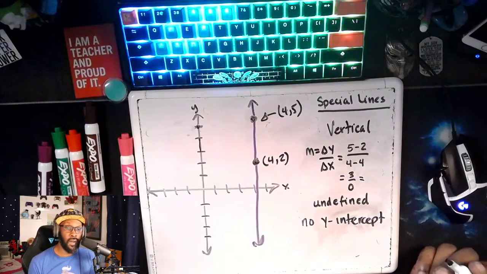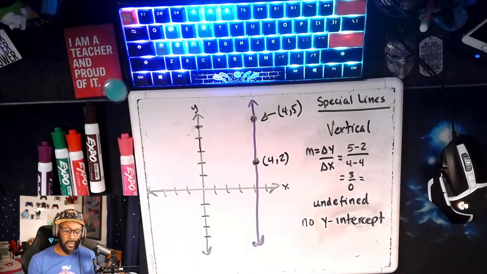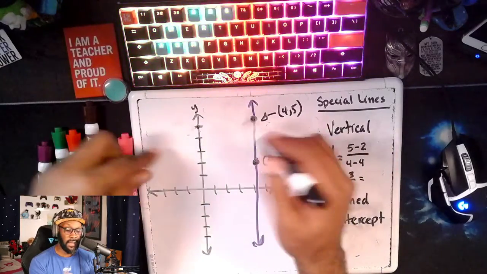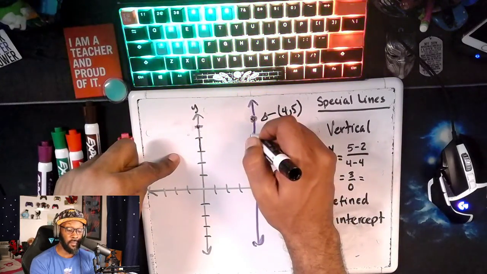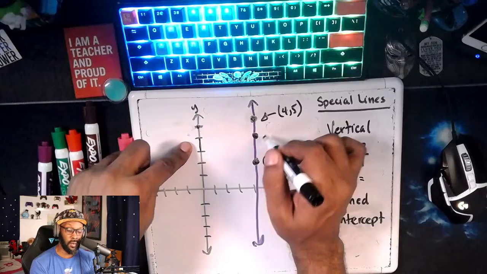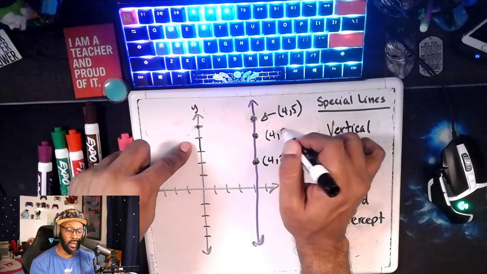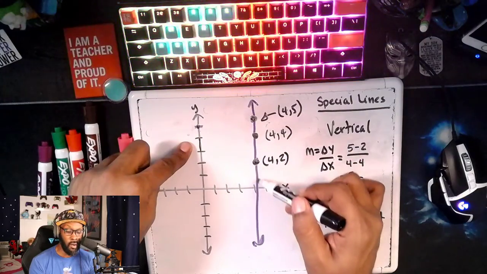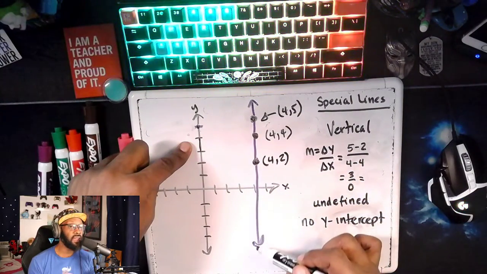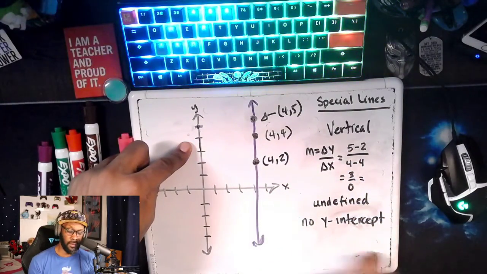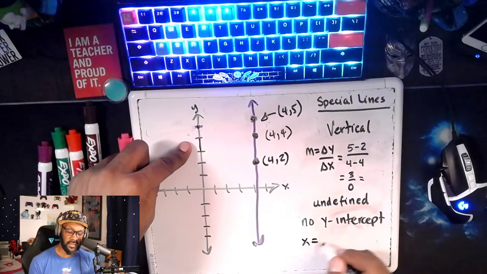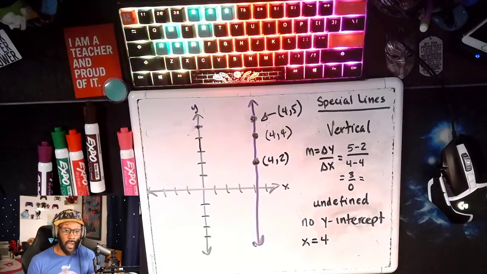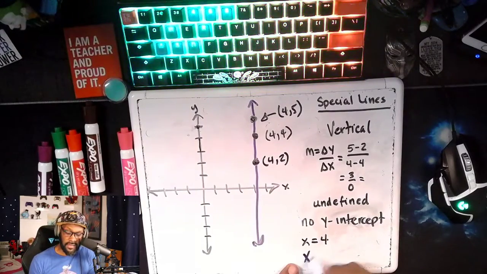And since there's no y-intercept, look at the way we write this. If I were to pick a different point on here, like this point here, this point would be (4, 4). Notice the x values. If I pick any point on this line, the x value is going to be 4. So your equation is just x equals 4. Remembering the form, y'all: x equals c.